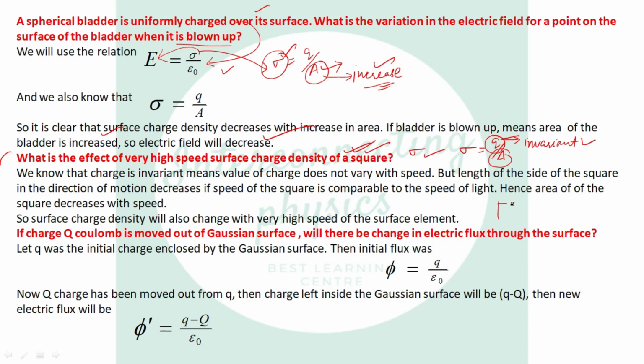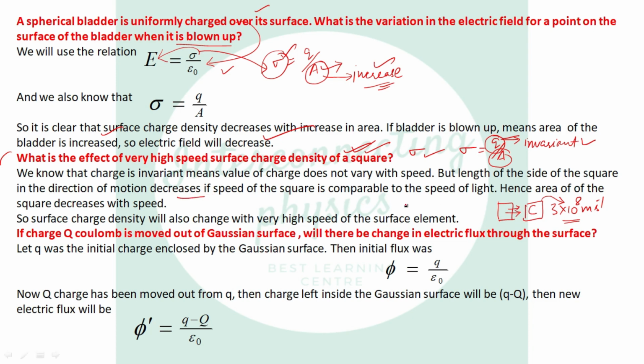If the speed of the square is comparable to the speed of light, that is 3 into 10 raised to power 8 meter per second, then the side which is moving in the direction of motion will have its length decreased.